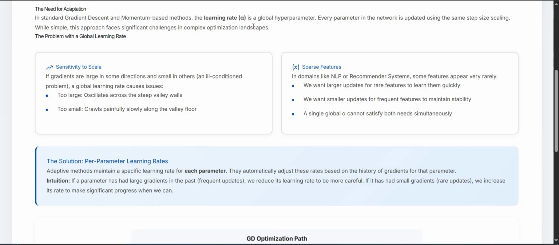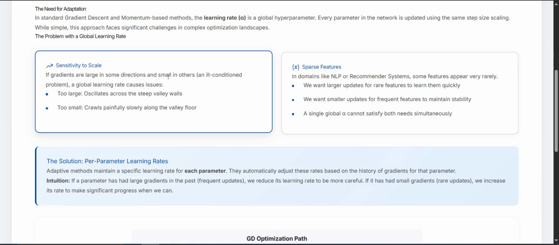Now this seems simple, but once you start applying it to real problems, it causes a few issues. What are they? Some directions in the loss surface can be steep, others flat, and using the same step size everywhere creates trouble. So let's talk about why this becomes a problem and what adaptive methods try to fix.